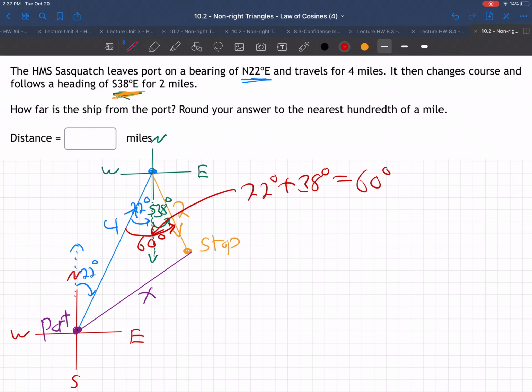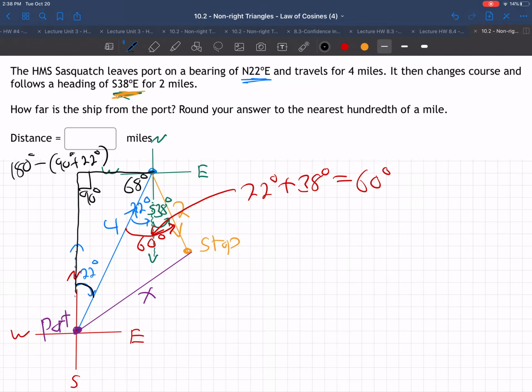Now there's other ways. If you don't like that Z angle thing and that's a little confusing for you, you can work a little harder. Here's the other way. Let me give you another option in case that kind of bugs you. You can come up here and make a right triangle and say, well, look, this is 22, this is 90. So if you take 180 minus 90 plus 22, right, because a triangle has to hold 180, you'll get 68 degrees right there.